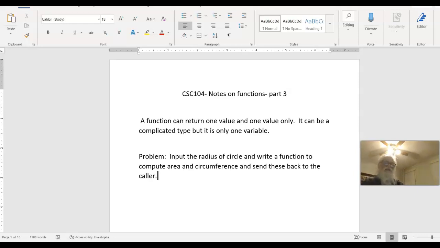I could do these with two functions, one to do the circumference and one to do the area, but I'd rather do one. So what do I do?